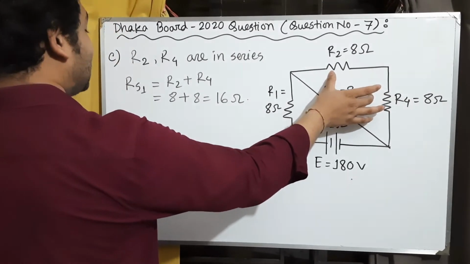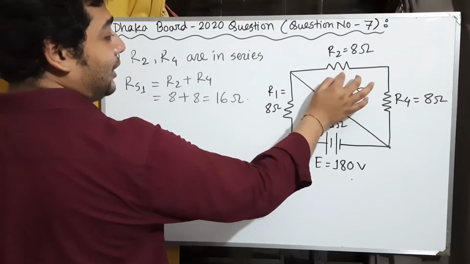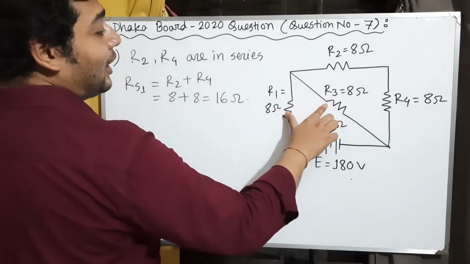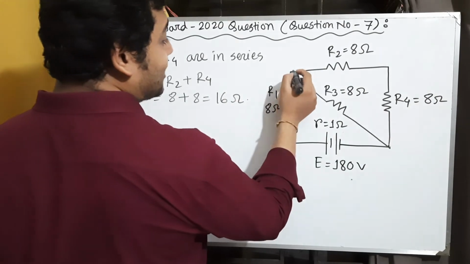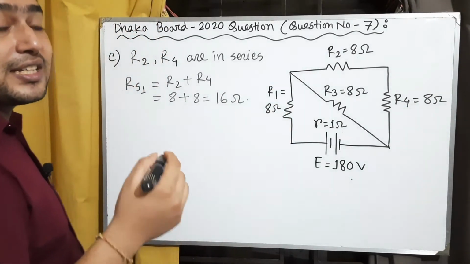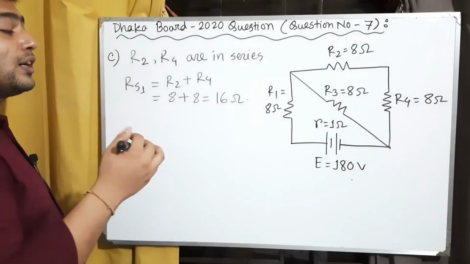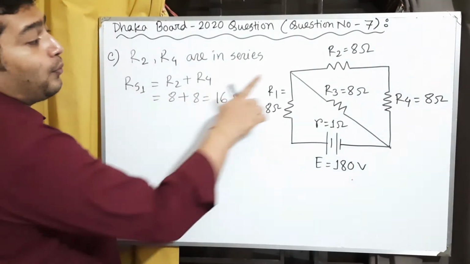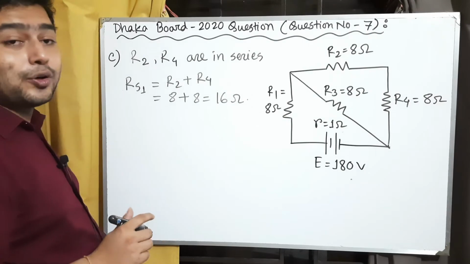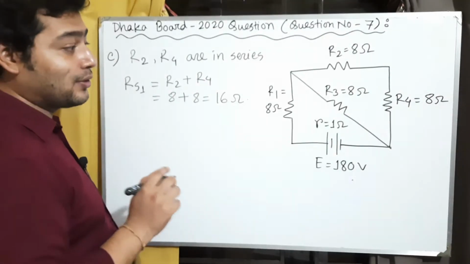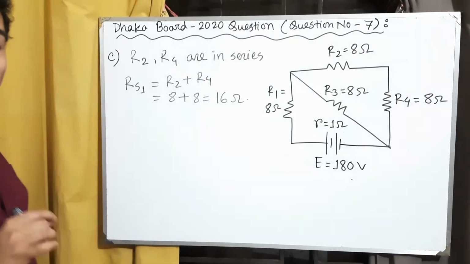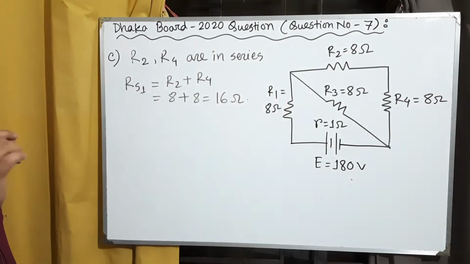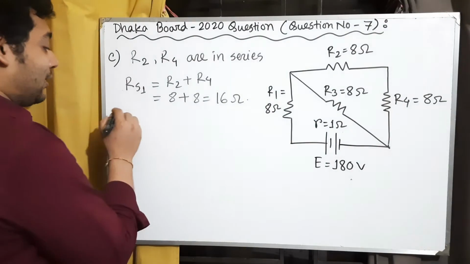Here the equivalent resistance RS1 is in parallel with the R3 resistance, because at this point the current will be divided into two parts. One part of the current will go through RS1 and one part will go through R3. So these two resistances, RS1 and R3, are in parallel.